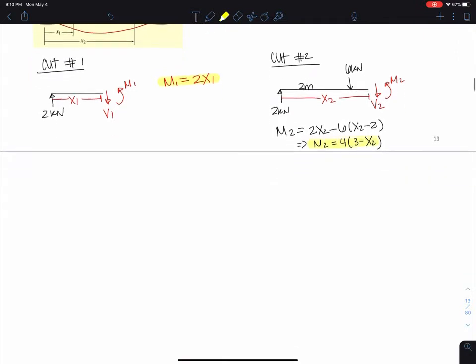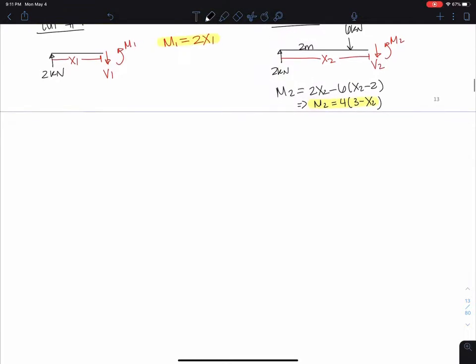Okay, now I can get into my slope and elastic curve. So I'm going to use my moment 1, which is defined from x1 from 0 to 2. And you can go back and see those equations. I'm going to use EI d squared delta 1.